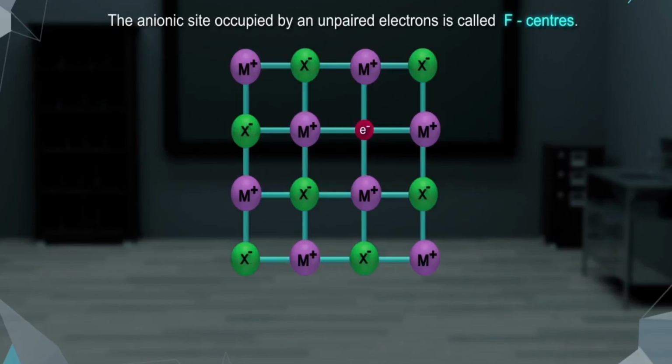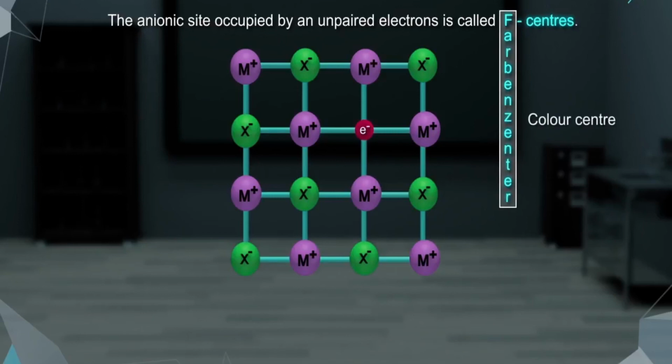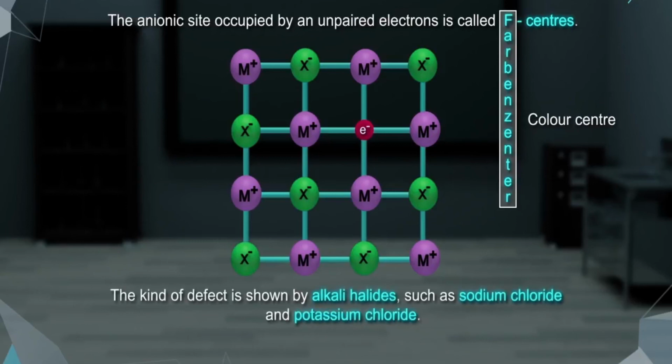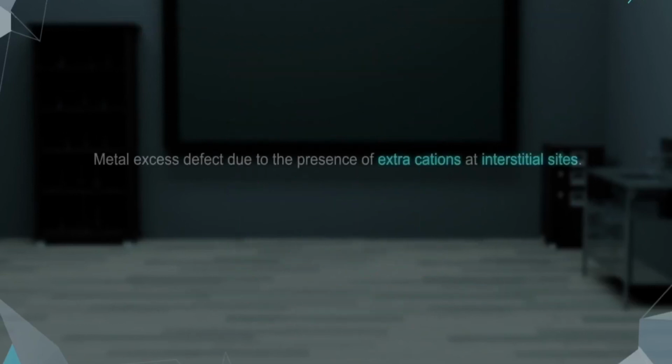The anionic site occupied by an unpaired electron is called F-center. F stands for Farbe, which is a German word. It is a color center. F centers are responsible for the color of the compound. This kind of defect is shown by alkali halides such as sodium chloride and potassium chloride.